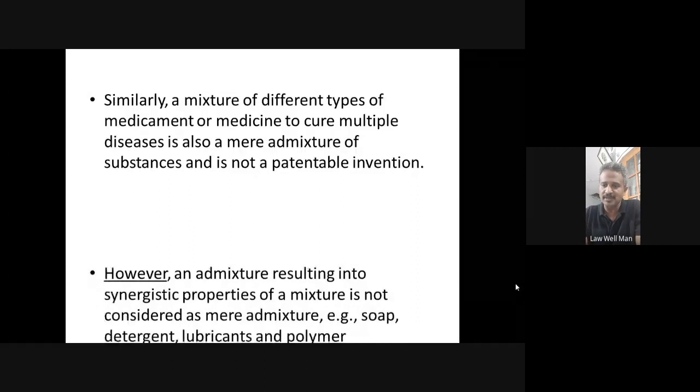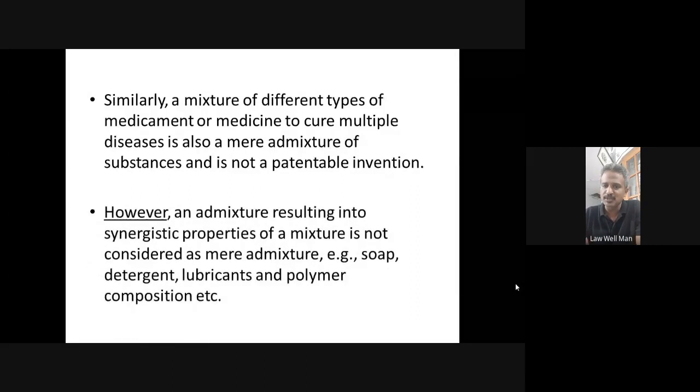However, importantly, an admixture resulting in synergistic properties of a mixture is not considered a mere admixture. Examples: soap, detergent, lubricants, polymer composition, etc. Sometimes you make glass out of these things, right?